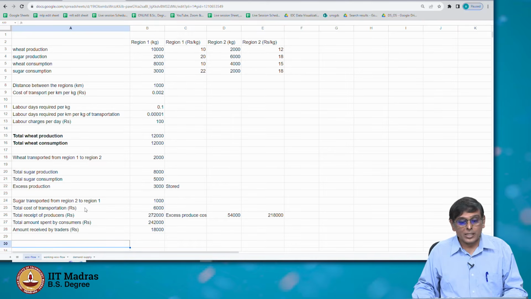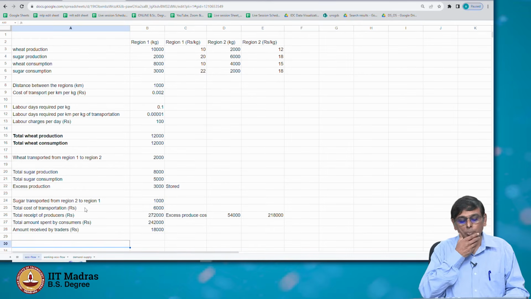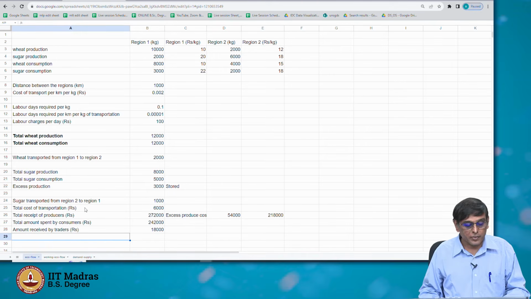Now, let us look at the receipts, right. So, consumers receive money. How do they receive money? They get money because they are doing labor. So, what is the amount received for labor for production, right?